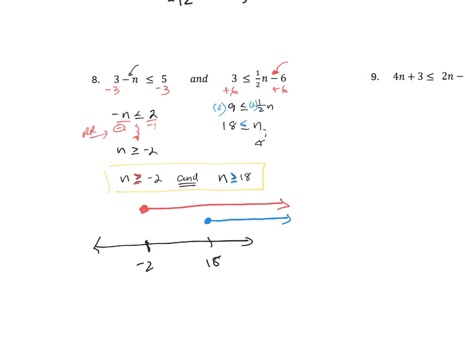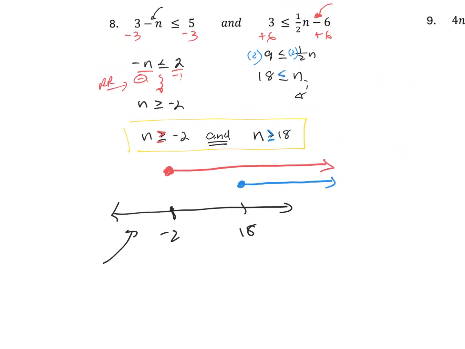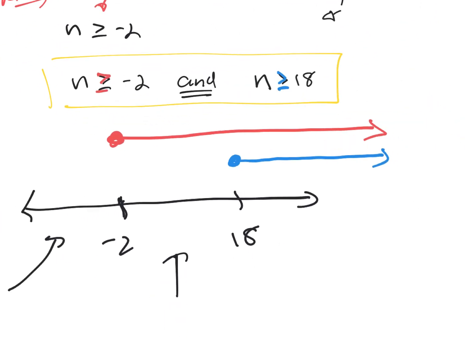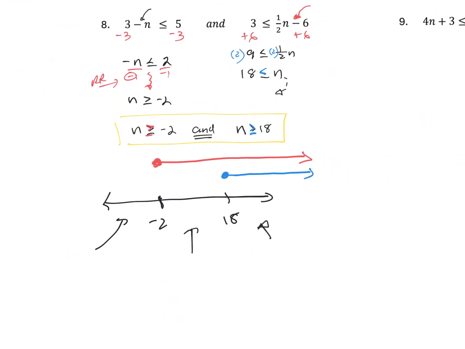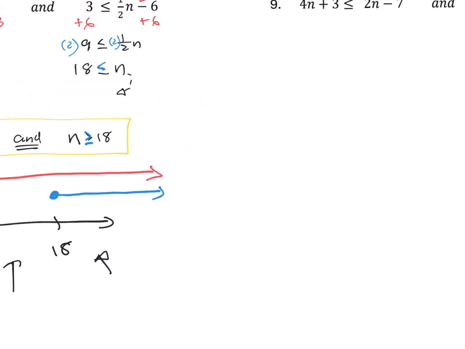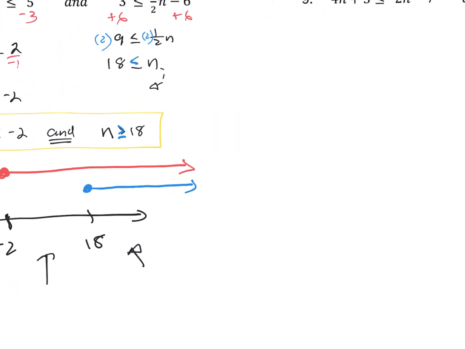And then which interval do you see has both colors? This interval, right, has no colors. The interval in the middle only has the red. The interval to the right of 18 has both colors, doesn't it? Above it, right? Aren't there 2 colors above that interval?